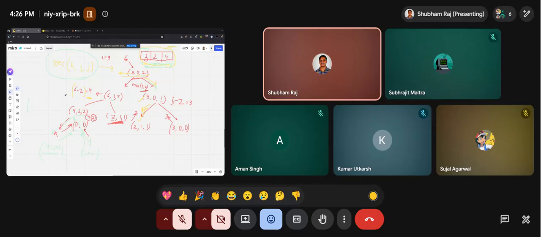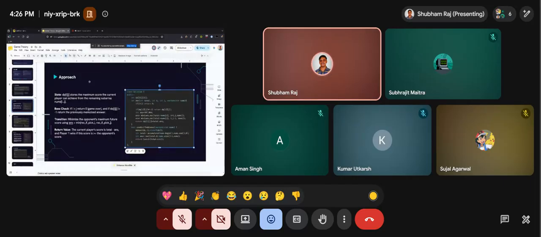He will always pick the move that ensures him that he will get the maximum score. But if I have authority, I will play the move that ensures the opponent will get the minimum score. That is why we are taking the minimum, because our move is this, right? And we are exploring all the moves for the opponent and then returning our answer.